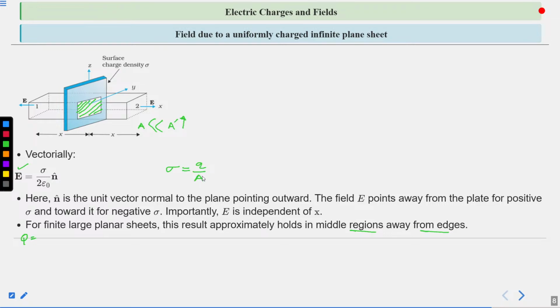Here A increases, when A prime is increased. So what will be the effect on E? We will calculate the effect on E from this formula, charge upon area. If area increases, in that case sigma decreases or increases? This is homework for you. Clear?